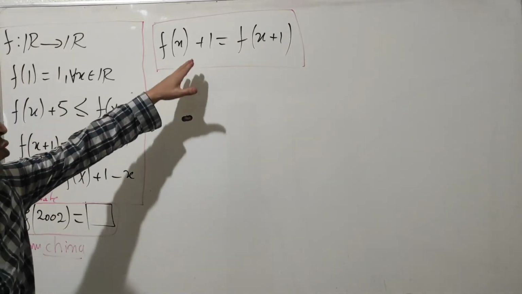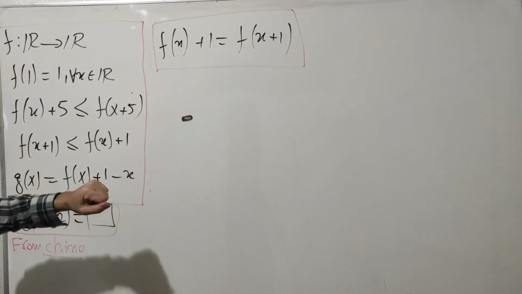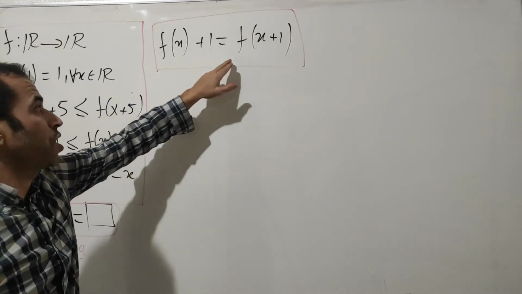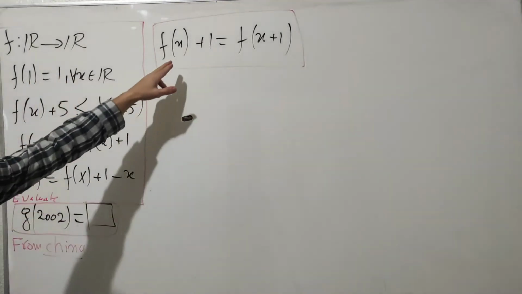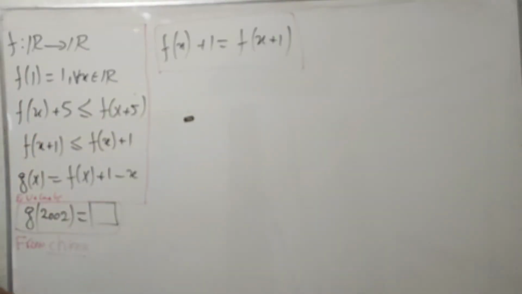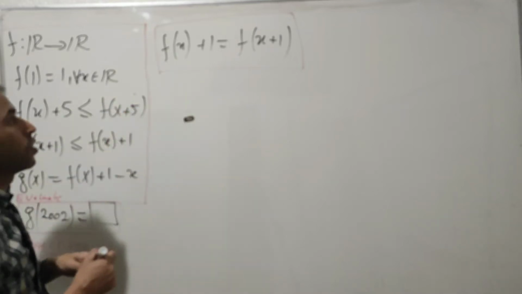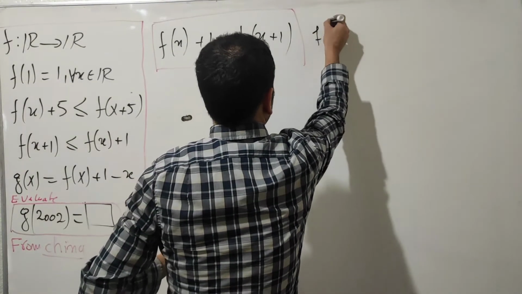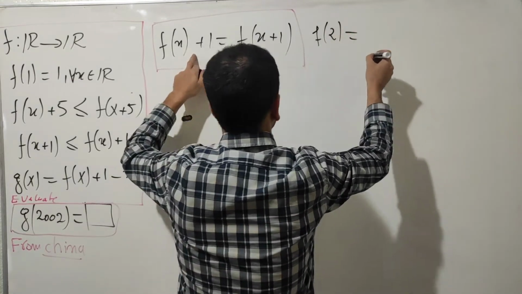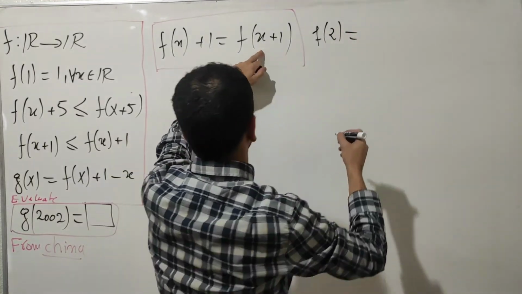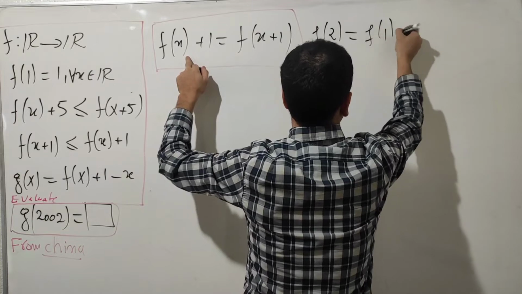From the last board, we get this nice fact, this nice relationship between f of x and f of x plus 1, differing by 1. So what to do here, we are simply going to calculate some values of f. I get f of 2, which equals f of 1 plus 1.